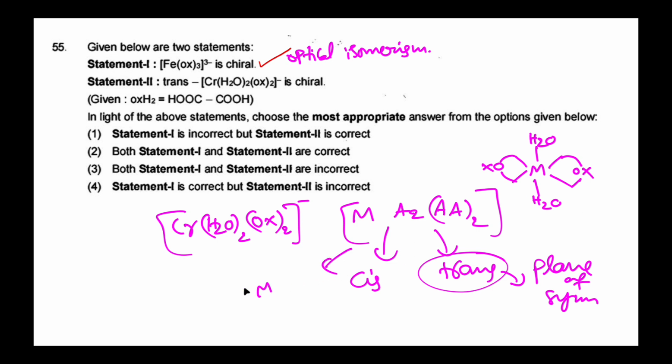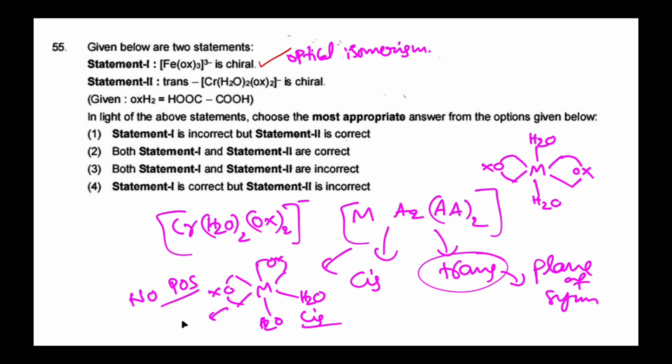Here this is ox, H2O and H2O, ox. This is a cis molecule. No plane of symmetry, so this is chiral.